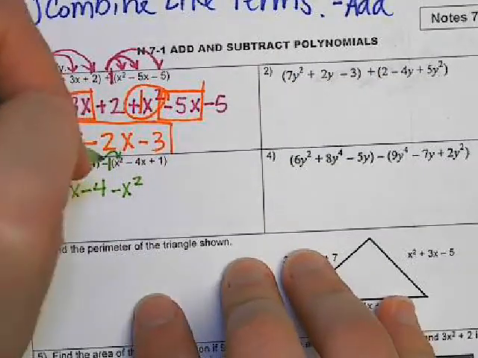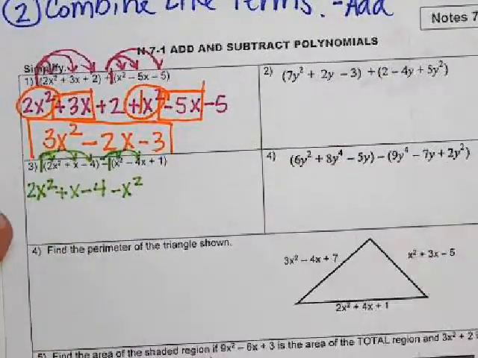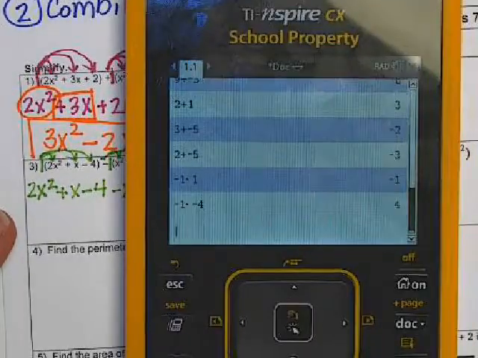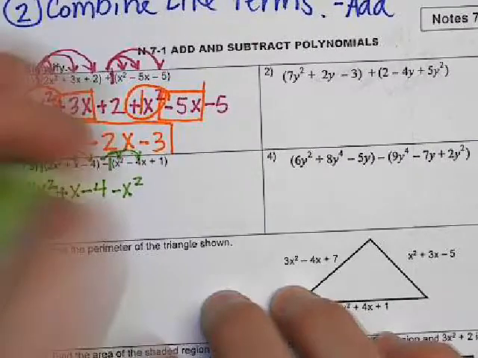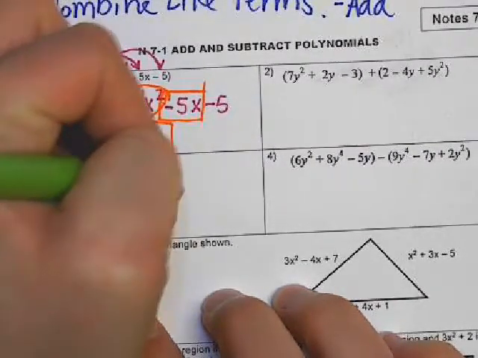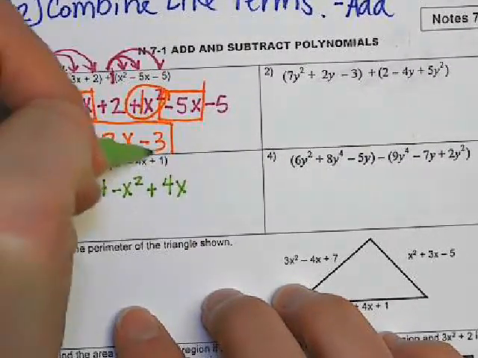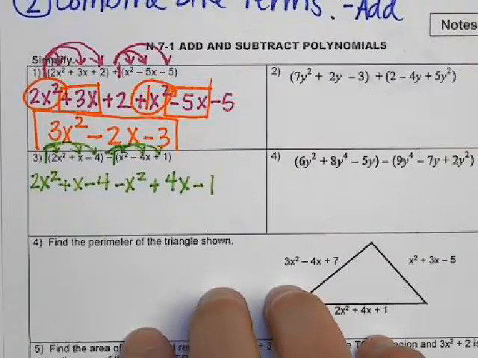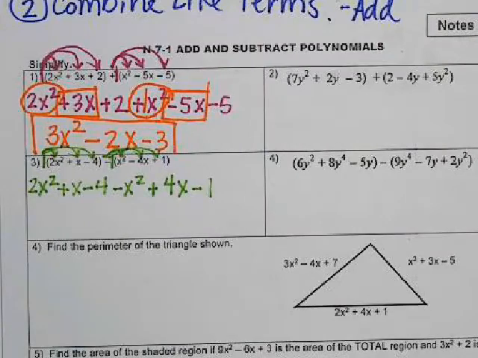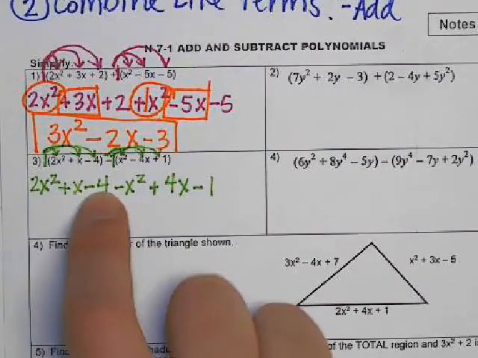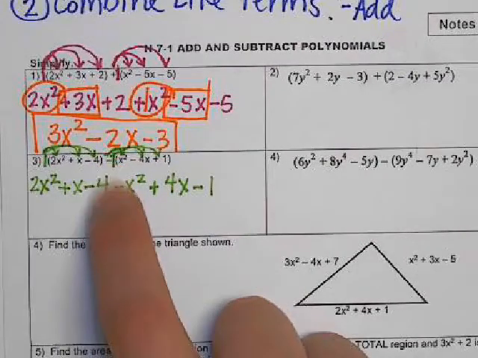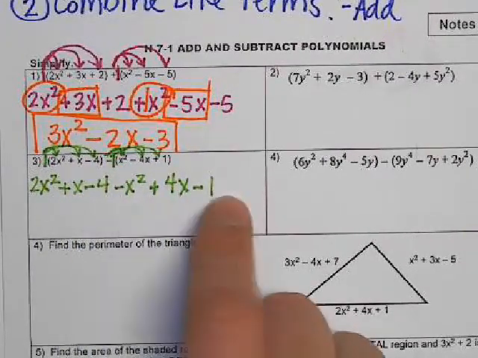So then I do negative 1 times negative 4, and I get positive 4 plus 4x. Then I do negative 1 times positive 1 again and get negative 1. So if you multiply by a positive 1 on the outside, your signs and numbers stay the same. If you multiply by a negative 1 on the outside, your signs change.